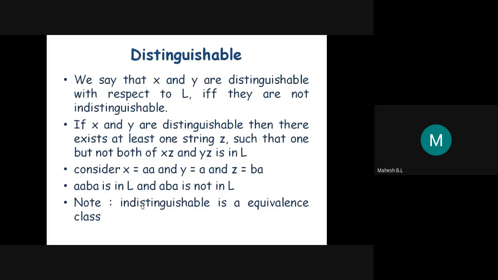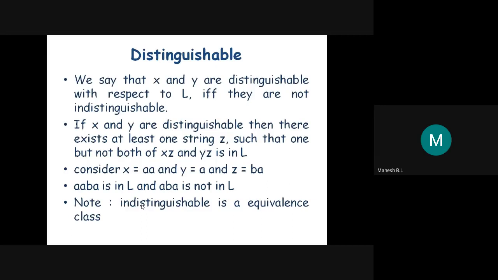Then either xz should be in L or yz should be in L, both should not be in L. If this condition is satisfied, we say that x and y are distinguishable.